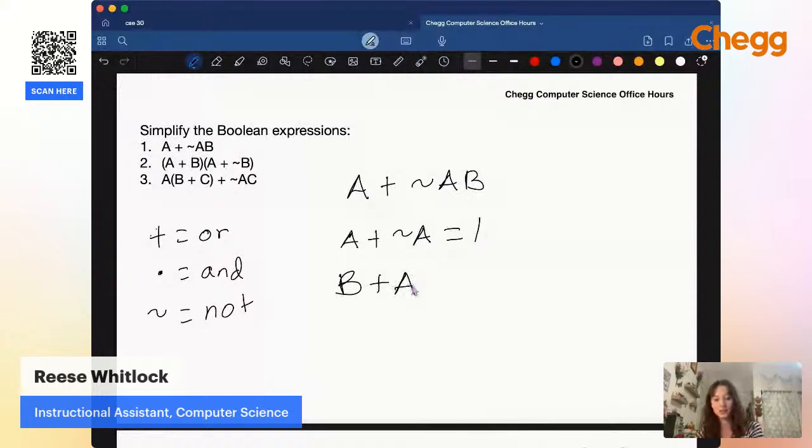Because if A is not true, then we hit this, and if B is true, we need it to be true in order to hit this, not A and B. But if not A is false, then we know A is true. So that will always work.